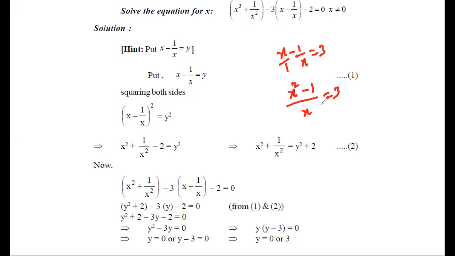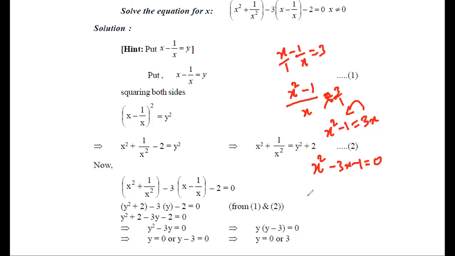Then cross multiply, then we will get x square minus 1 is equal to 3x. Then this 3x will come this side. So we will get x square minus 3x minus 1 is equal to 0. Yes, very good, Vaishnavi. But I guess you made a very small mistake, Vaishnavi. No, okay, correct Vaishnavi, correct.